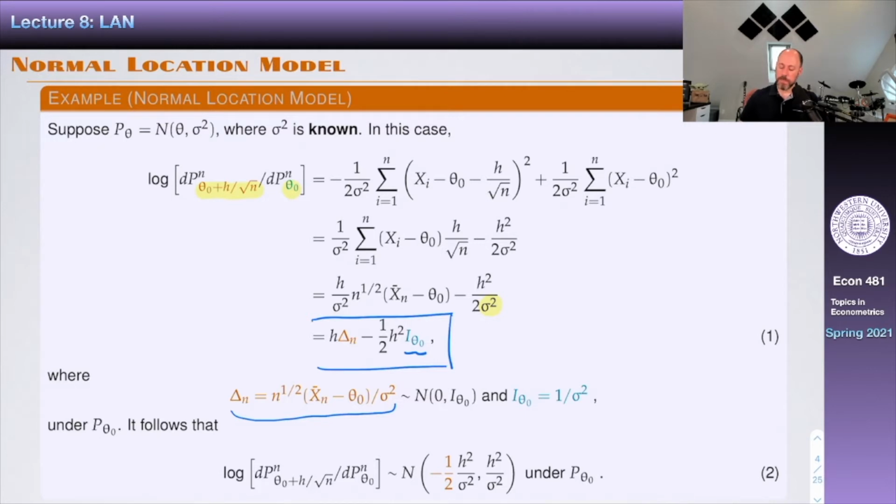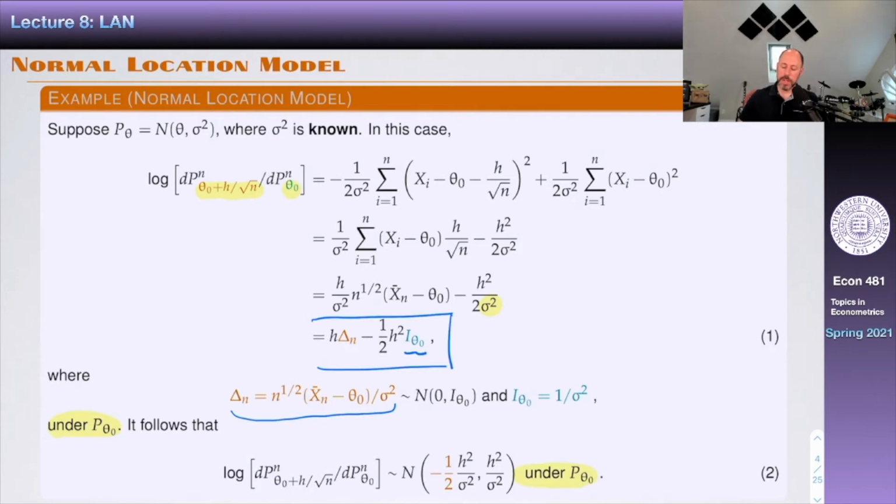Okay. And again, whenever we make distributional statements like this, we need to be clear about under what distribution. And here we're making the statements under distribution p theta naught. Okay, so this is how the log likelihood ratio looks in a normal location model.